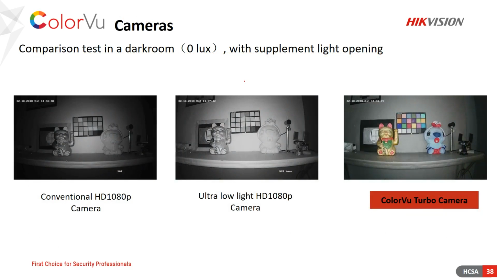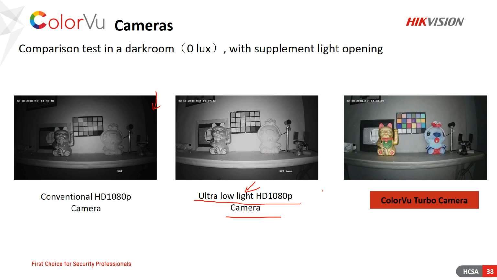And this is another demonstration to show you a comparison test in a dark room with the supplement light on. This is the conventional HD megapixel camera. It actually has dark edges, like here we can hardly see anything. But the ultra low light camera is going to be brighter because it has ultra low light technology.